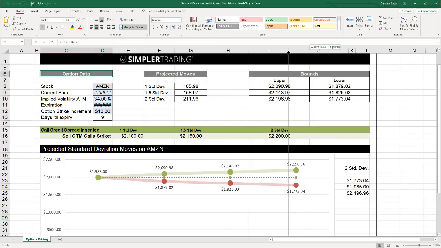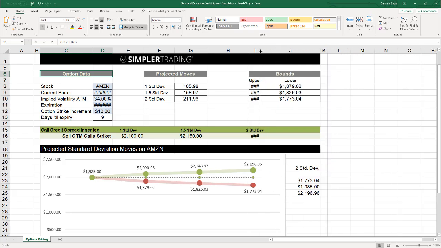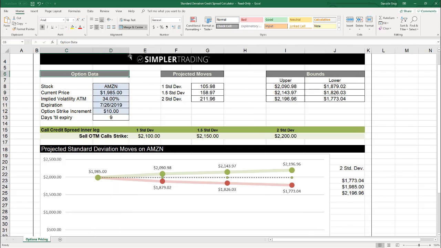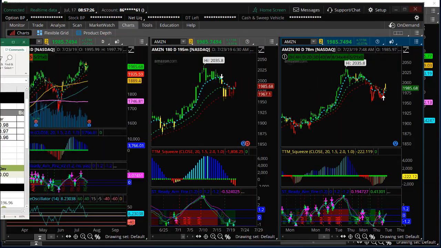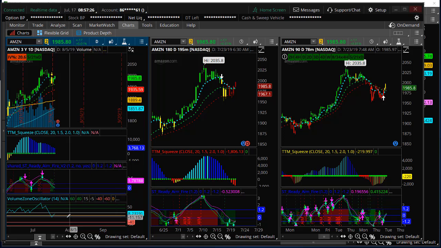I don't know why that happened for this section, but that's what the problem was. So I'm just going to pick up where I left off. Like I was saying, what you want to do is start with your stock price.